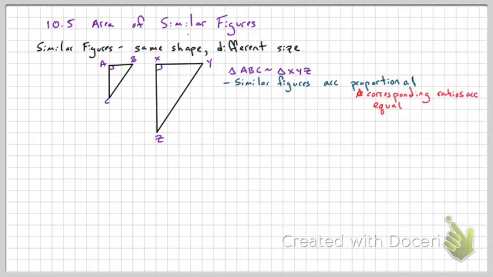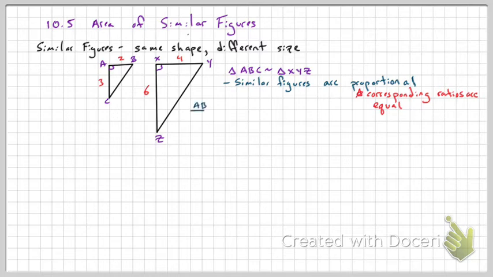So corresponding ratios are equal, meaning sides that are in the same relative position, made into a fraction or ratio with another side in the same relative position. We can make three of those because there are three different sides for each one. Those ratios are equal, which makes them proportional.